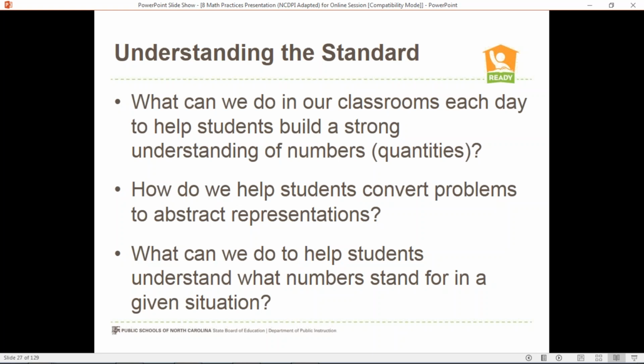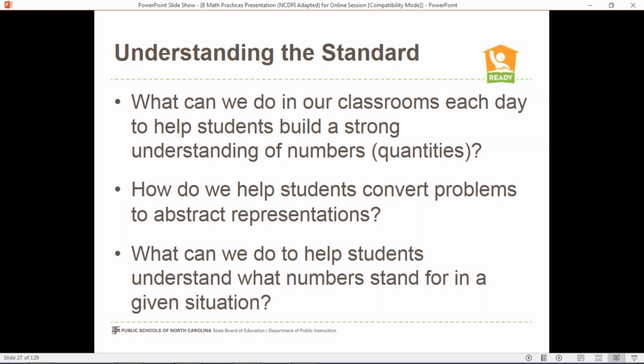That it's not just digits on a page, that those digits represent something concrete. And then how do we help our kids convert problems and turn those problems into number sentences or abstract representations?